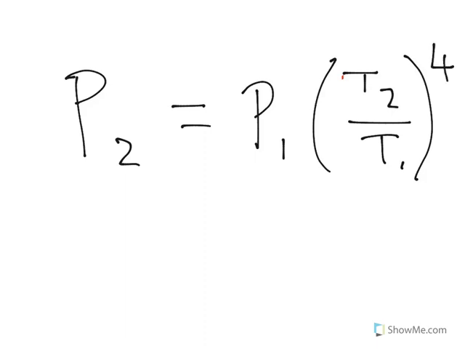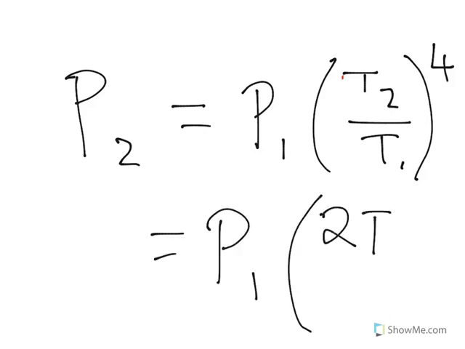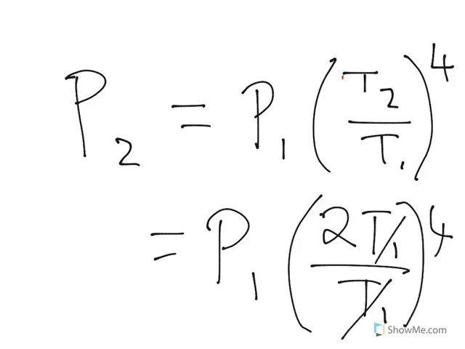So, as you can see, if T2 is twice as large as T1, then we have that this is equal to P1 times 2 times T1 over T1 to the power of 4. Those cancel, and we have 2 to the power of 4. Again, 16.